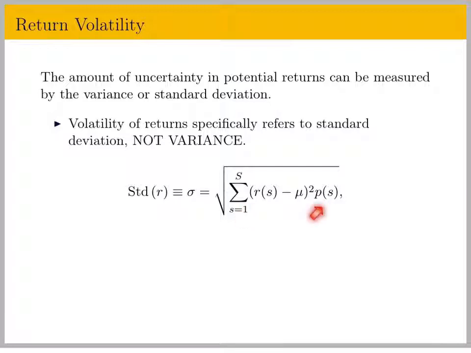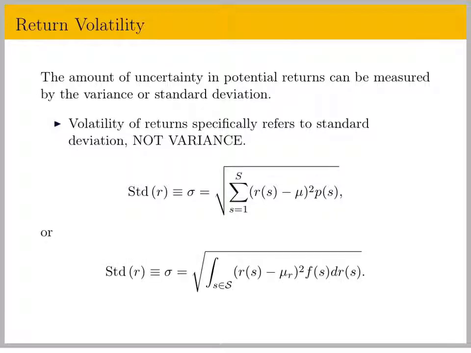Again, this is just an average weighted by probabilities, where if we did an equally weighted average, we would strike that out and just do 1 over S times each one of the deviations. But that's not what we're doing, a probability weighted average. Note that we will often refer to the standard deviation as sigma. The variance we will often refer to as sigma squared.